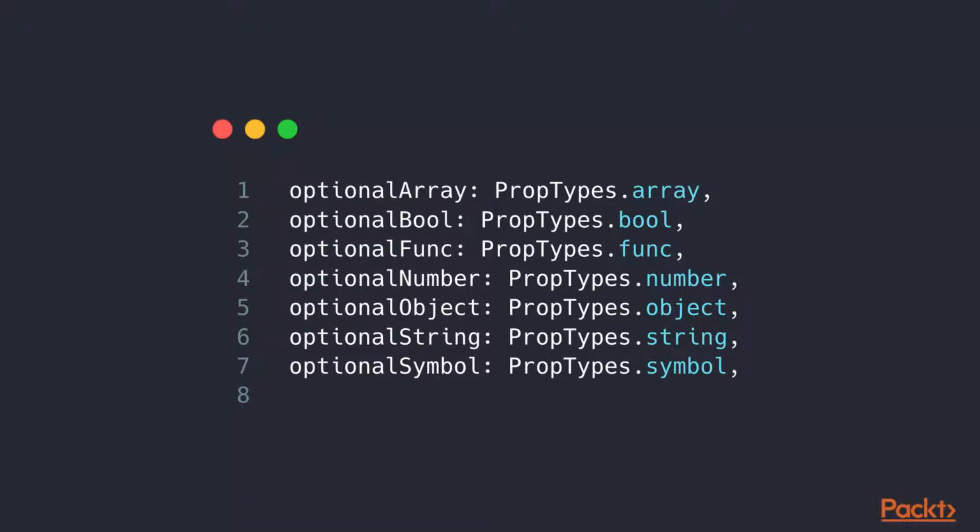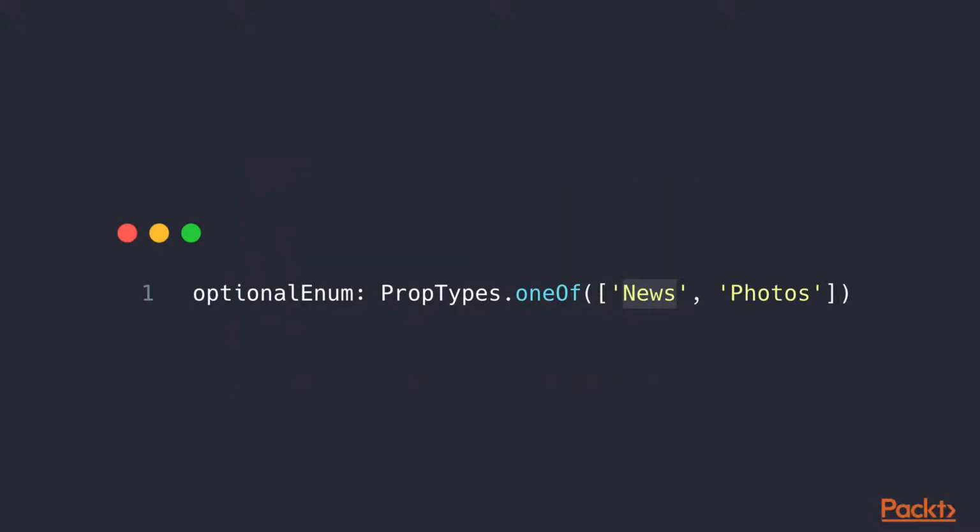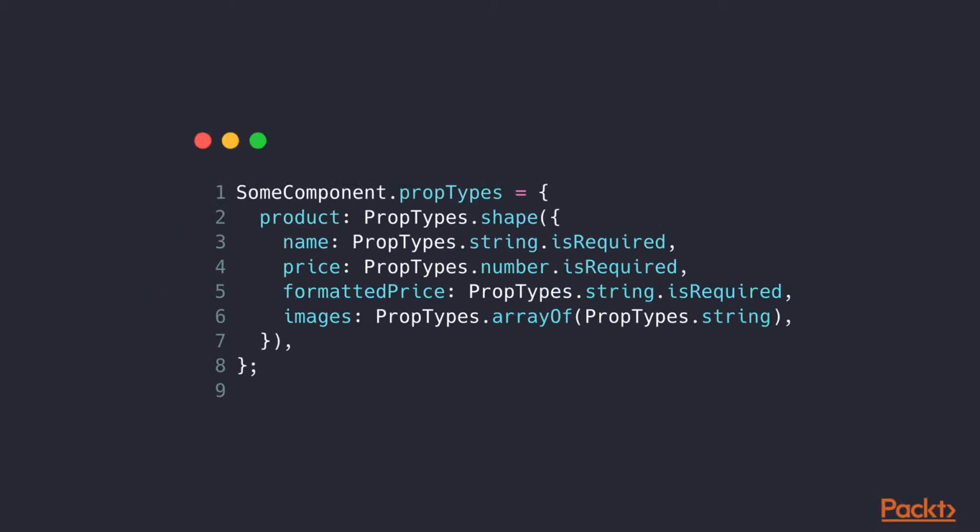So in review, prop types are a lightweight type checking mechanism that lets us write specs for our components. Doing so helps us catch bugs early and document our components so that it's easier to understand what kind of data they accept and what they do with it. Apart from the basic types, we also have enum values. But we also have something that's called a shape.